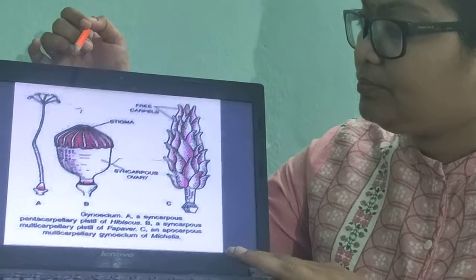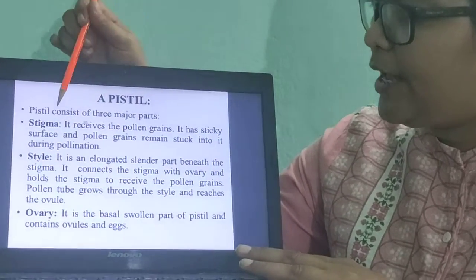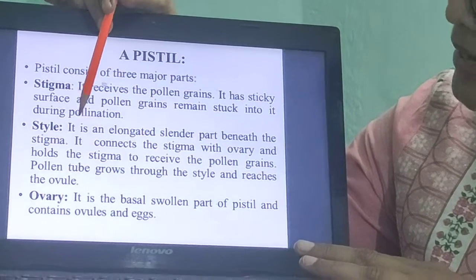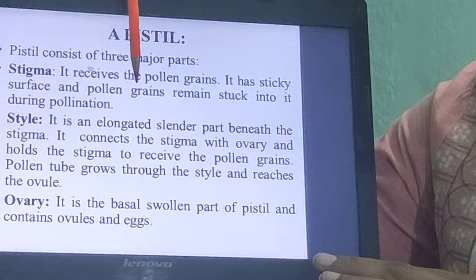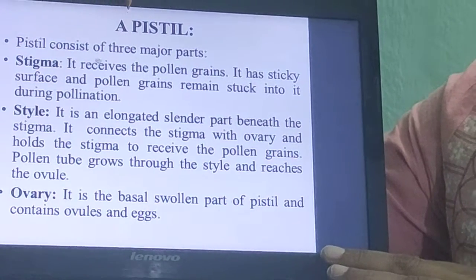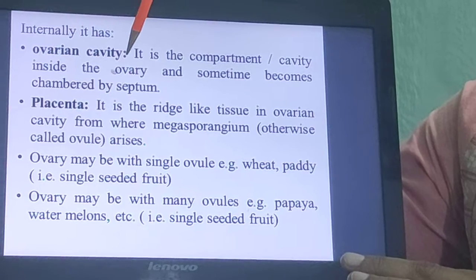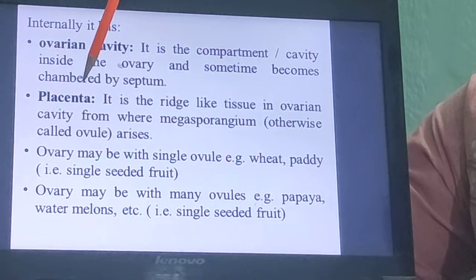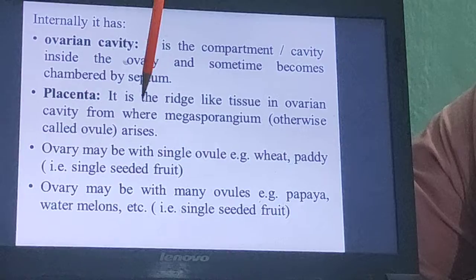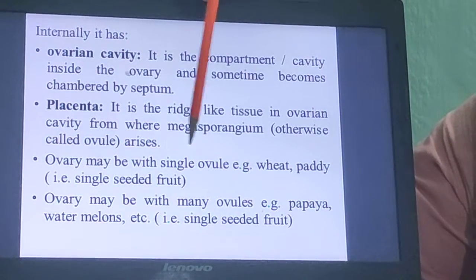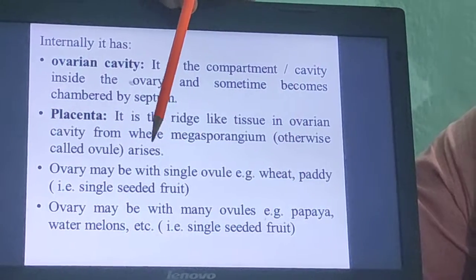Then, I have already explained that the pistil consists of three major parts: stigma, style and ovary, and I have mentioned their structure and function. Internally it has an ovarian cavity inside which the placenta is present, and to the placenta either a single ovule is attached or many ovules are attached.